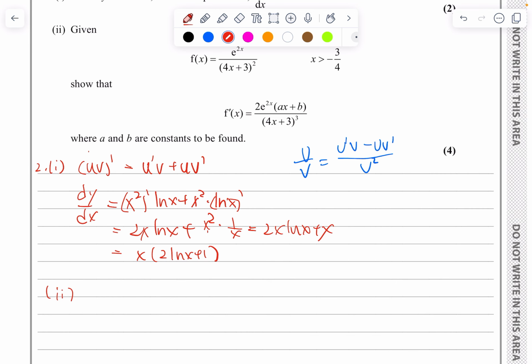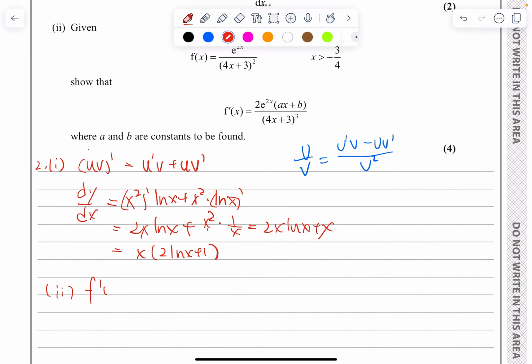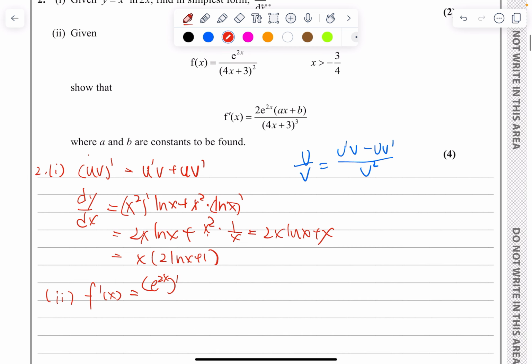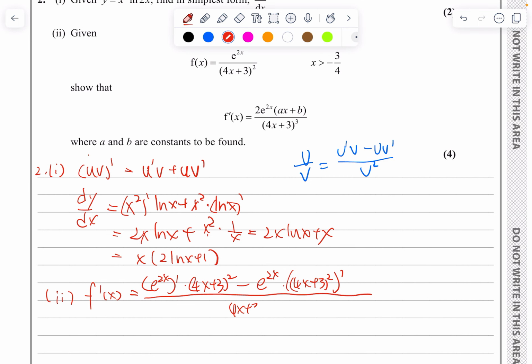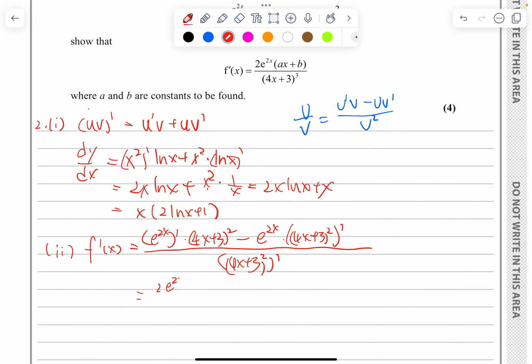If you get used to it, you'll memorize it very quickly. f'(x) will equal, u is e to the 2x power here times v. v here is (4x plus 3) squared, right? Minus u times the derivative of v squared over (4x plus 3) squared, equals 2e to the 2x times.